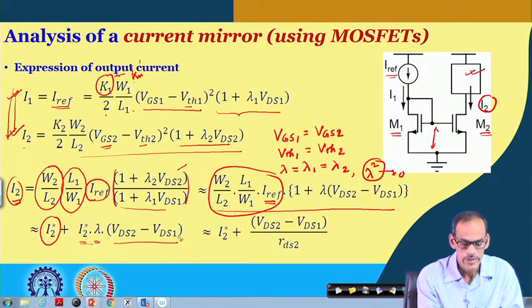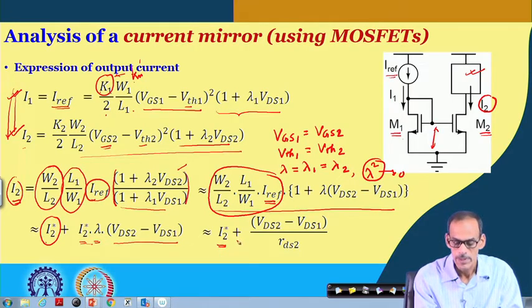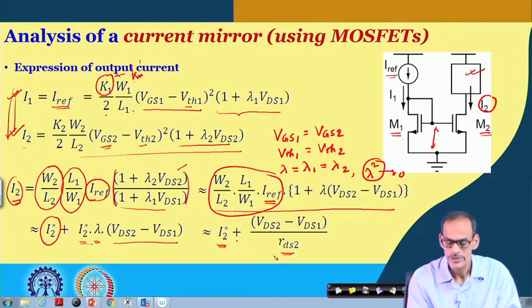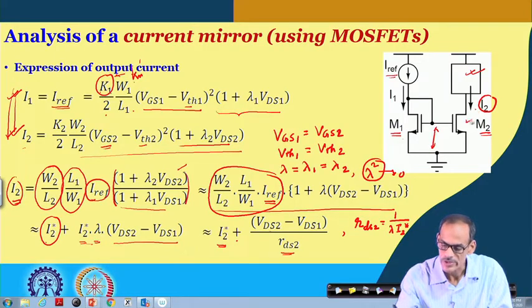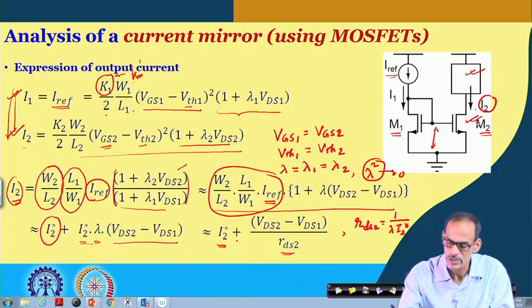So, we can write this expression in this form: I 2 star plus VDS difference divided by RDS 2, where this RDS 2 is defined as 1 by lambda into I 2 star. In fact, that is the RDS of this transistor.